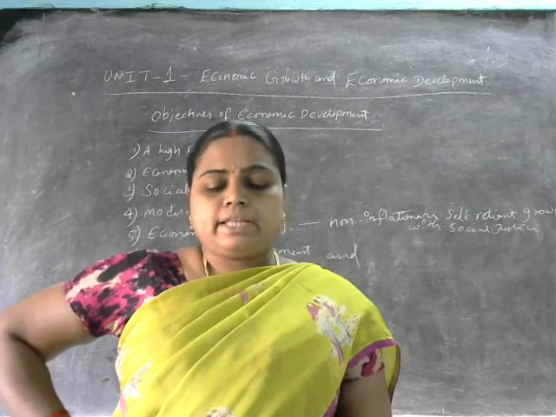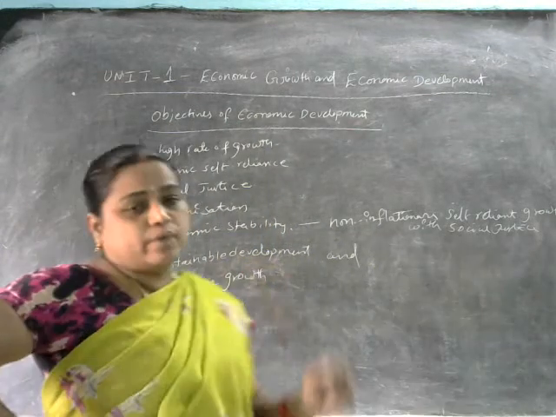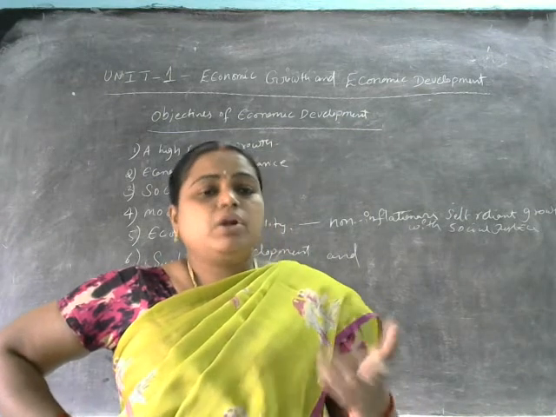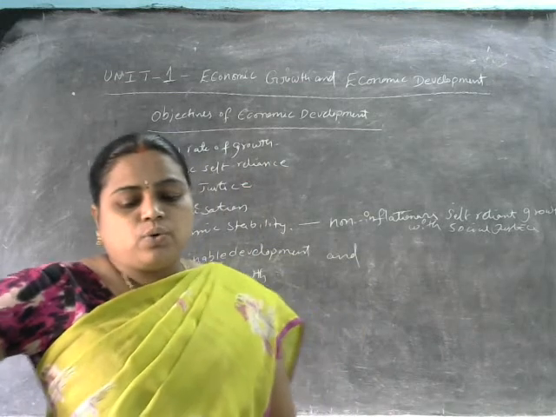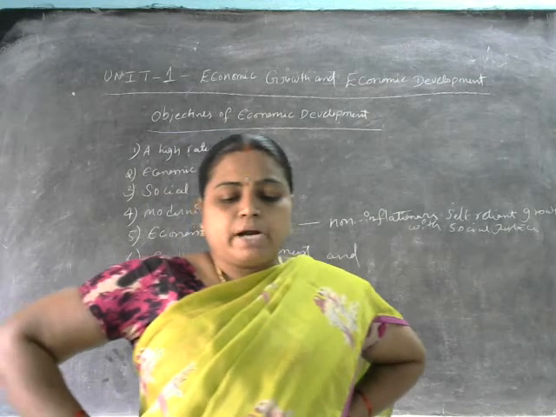So this is another objective. And the next objective is called what here? Sustainable development. The next and foremost objective is sustainable development. So what is actually sustainable development here?